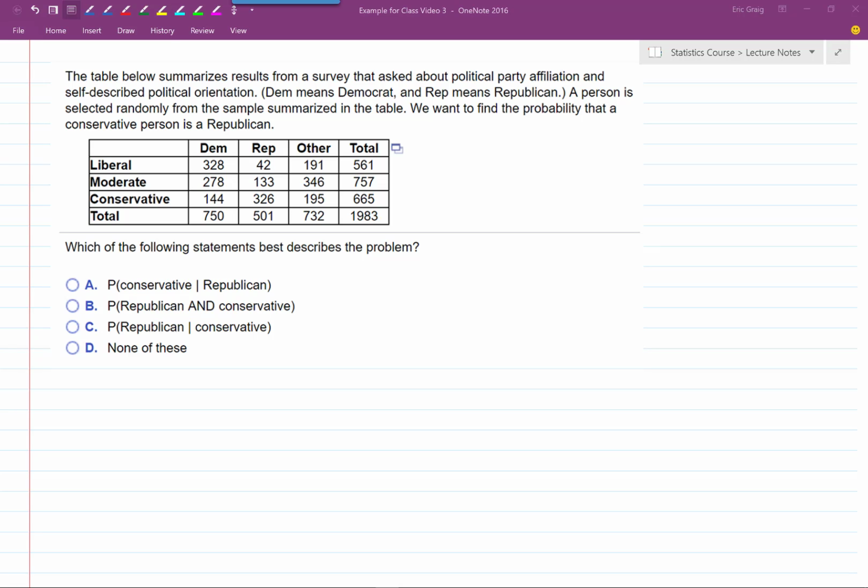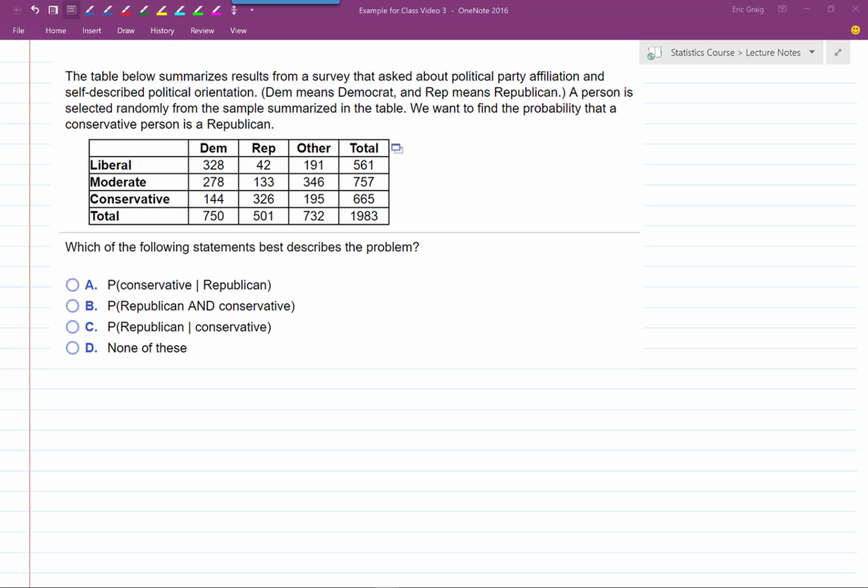It says, the table below summarizes results from a survey that asked about political party affiliation and self-described political orientation. A person is selected at random from the sample summarized in the table, and we want to find the probability that a conservative person is a Republican.